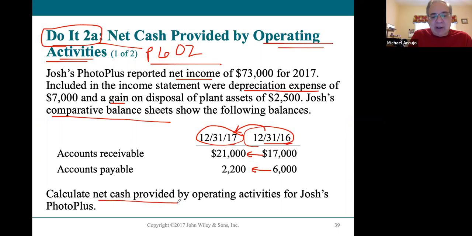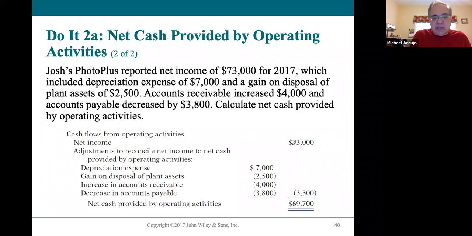They want you to calculate the net cash provided. So we start with the $73,000 net income, because we're calculating cash flow from operating. The first step, you write down your net income. Then you have all these adjustments.